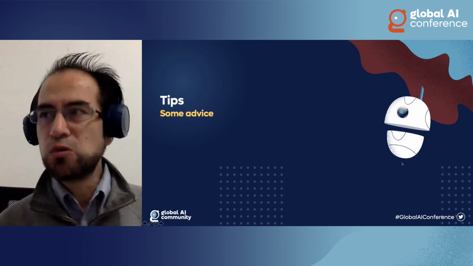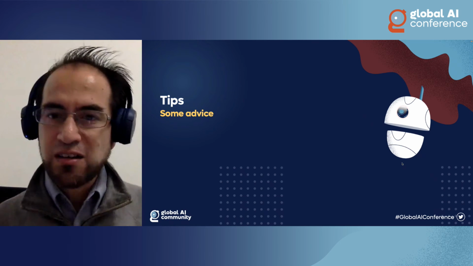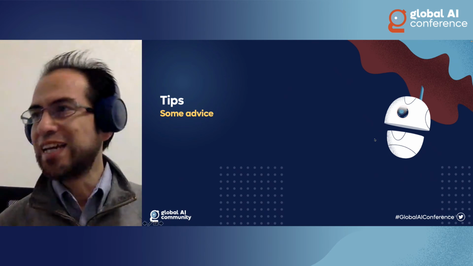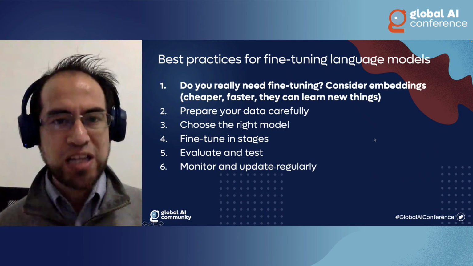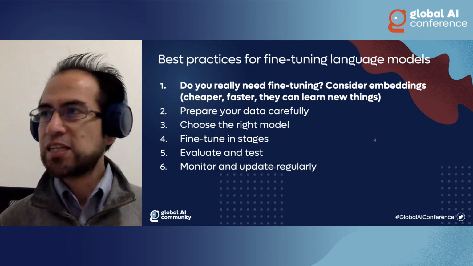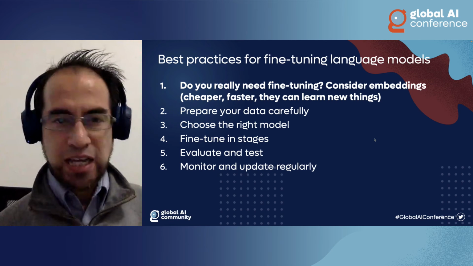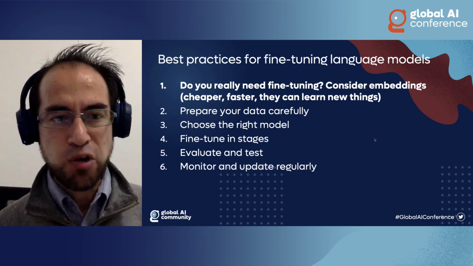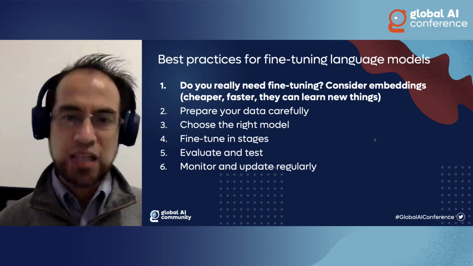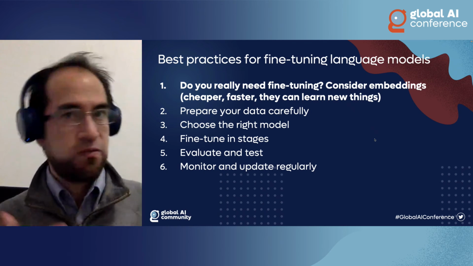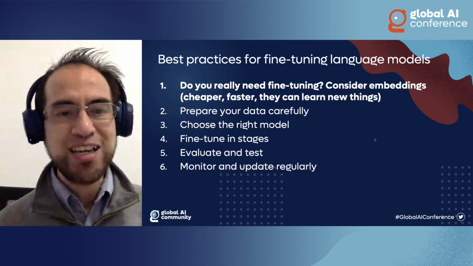So some tips to wrap it up, because we are on time. First one is, do you really need fine-tuning? Consider embeddings. They are cheaper, they are faster, they can learn new things. Prepare your data carefully, of course, to also avoid cost. Choose the right model that you will use for embeddings or fine-tuning if you do it.